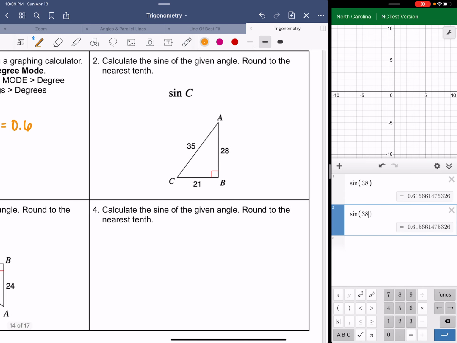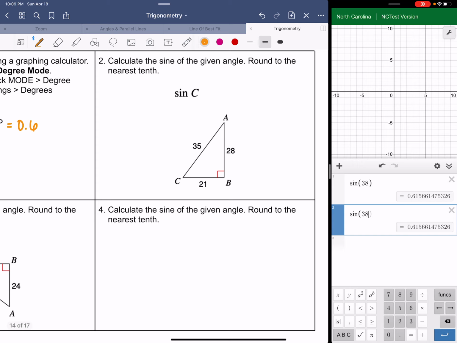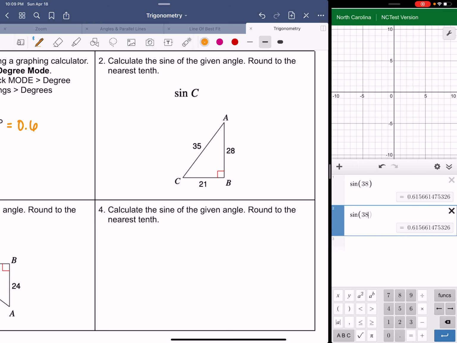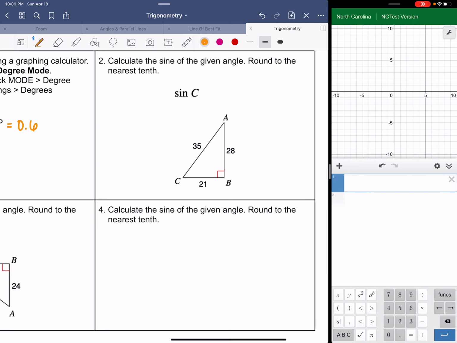Okay, now in number two, we have to calculate the sine based on this triangle by setting up our trig ratio. So if we're going to find the sine of angle C, first we have to make sure that we're looking from angle C, and we need to set up the opposite over the hypotenuse. So remember, the hypotenuse is going to be directly across from the right angle.